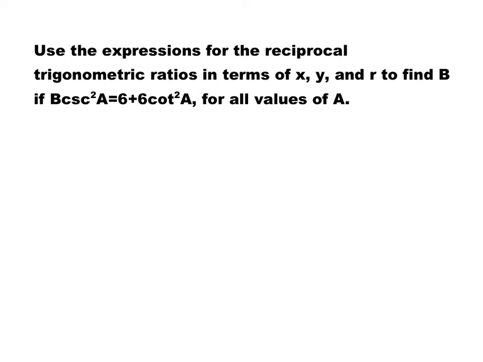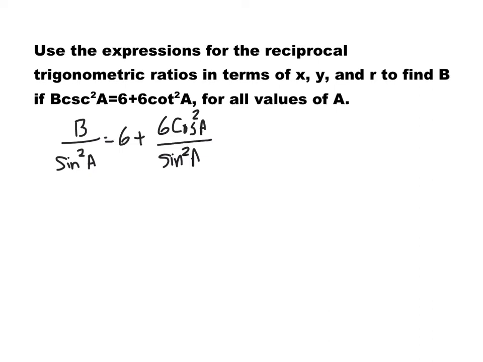So this is the same as saying b over sine squared a is equal to 6 plus 6 cotangent squared a, and cotan is cos over sine, so this is cos squared a over sine squared a.